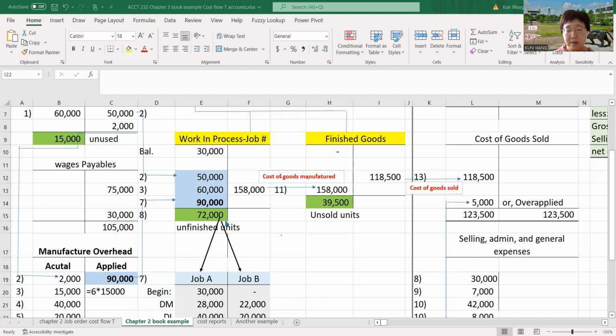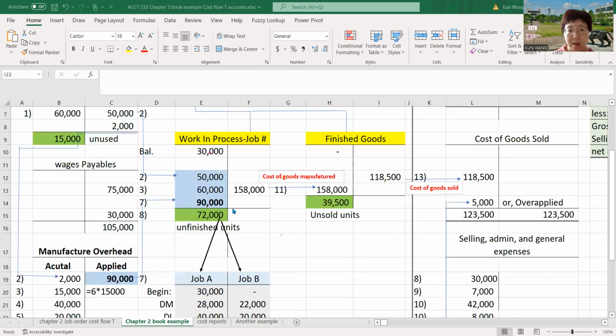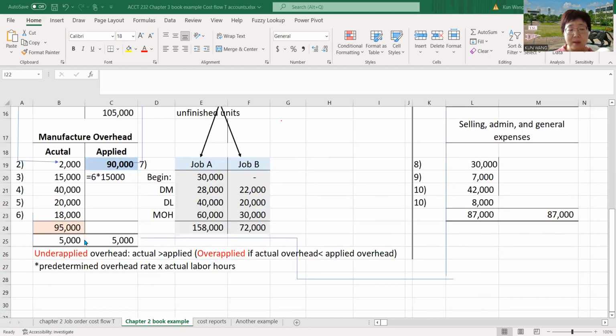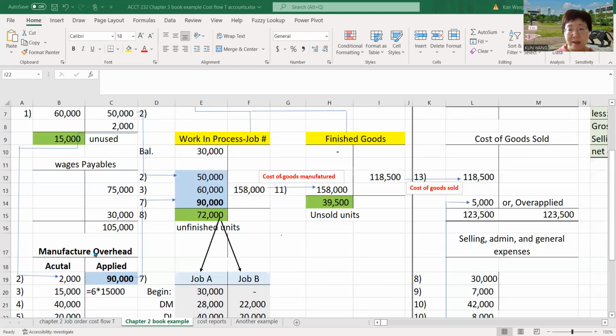So the best approach is to split this 5,000 among the three accounts, maybe by their balances. But sometimes there is too much work, and if the overhead balance is not really large, like a small balance, we can take an easy approach, like a shortcut.